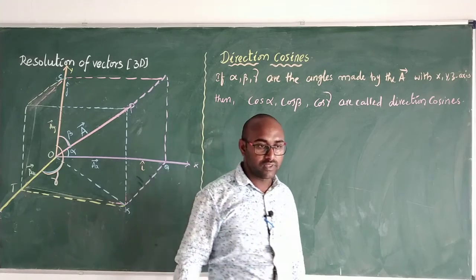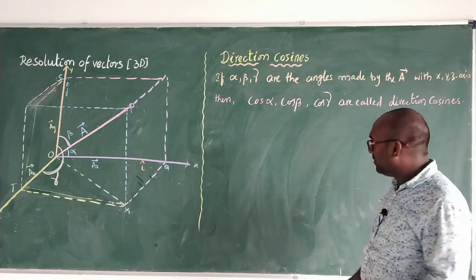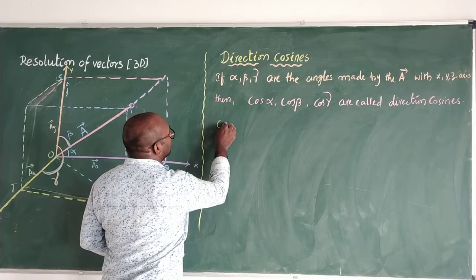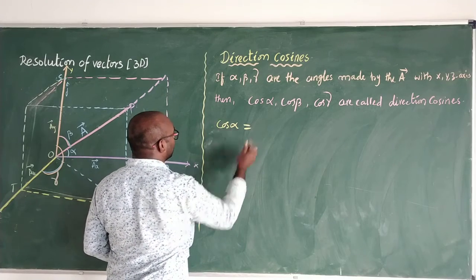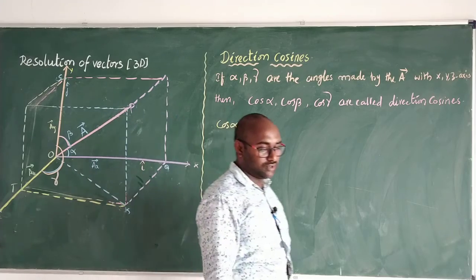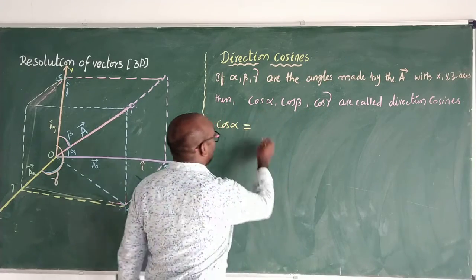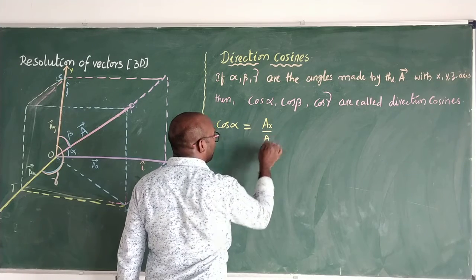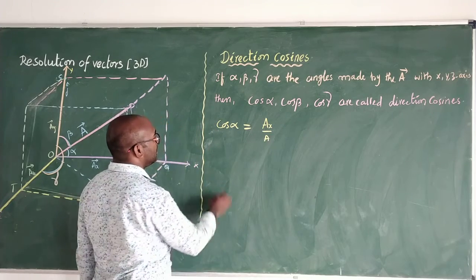Any doubt? Now write down. Here cos alpha is equal to Ax by the magnitude of A vector.